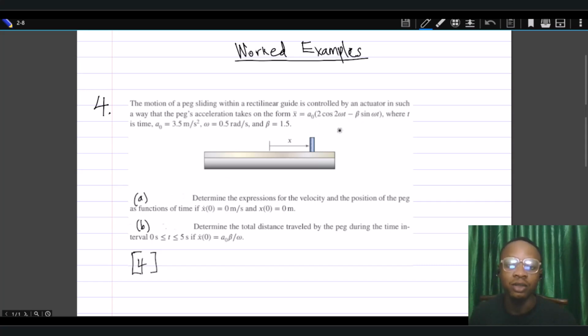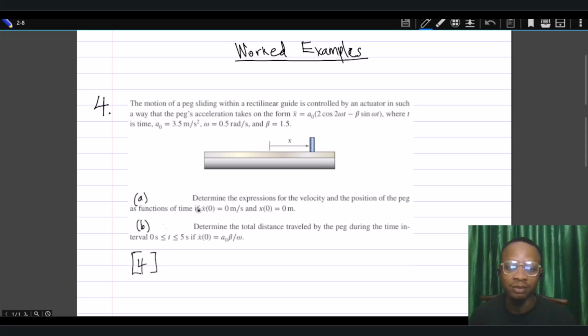So that is clear now that it is of the same form as the problem we solved in the last lesson. Now the question asks that we determine the expressions for the velocity and the position of the peg as functions of time. So we want to get the velocity and position of the peg as functions of time.